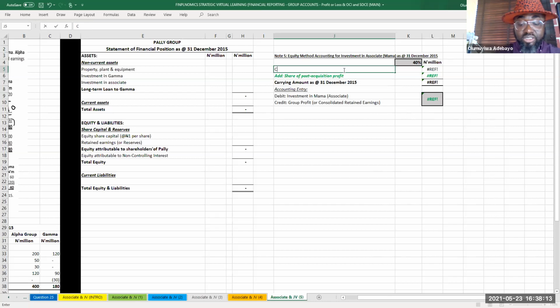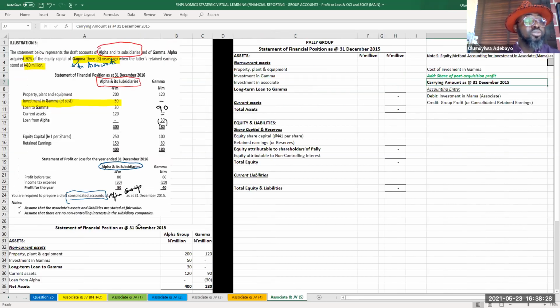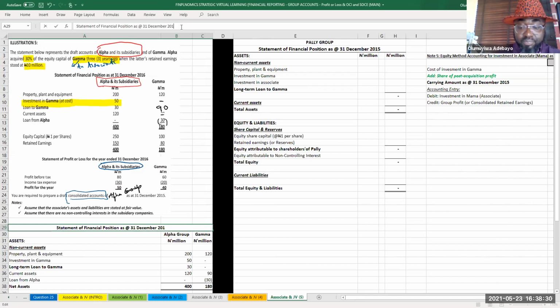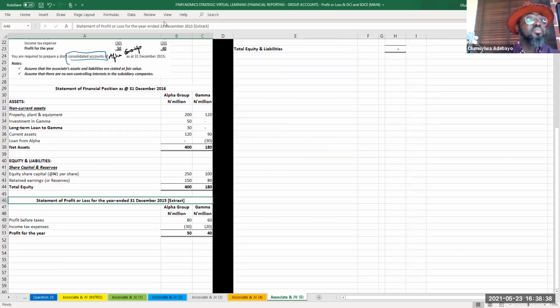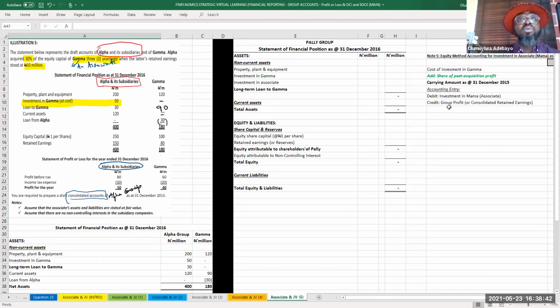Now I need my cost of investment in gamma. Okay. And the reporting date in this question is when? 2016. Now, what is my cost?